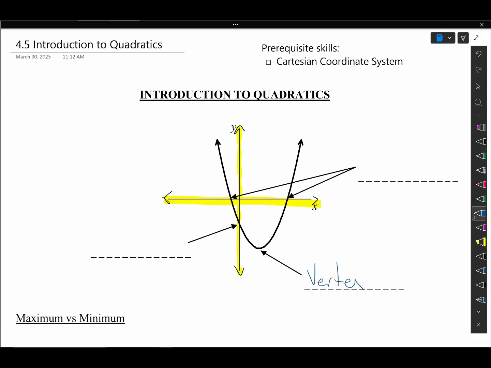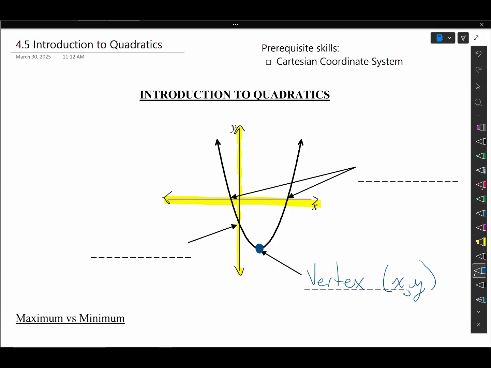The vertex can be given as x and y coordinates, and that is the location on your parabola where it goes from decreasing to increasing, where it goes from going down to going up, or really it's going to be the lowest, or in some cases the highest point that your parabola ever reaches.